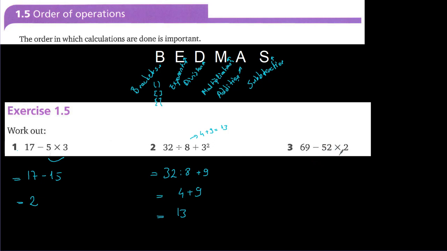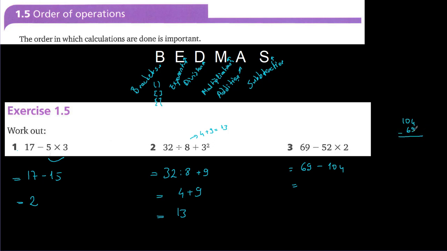69 minus 52 times 2. 52 times 2 is equal to 104. Firstly, we need to understand this: 104 is bigger than 69, that's why the sign is negative, and we compute 104 minus 69.